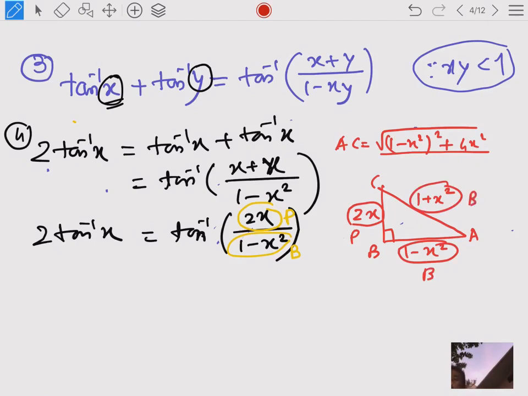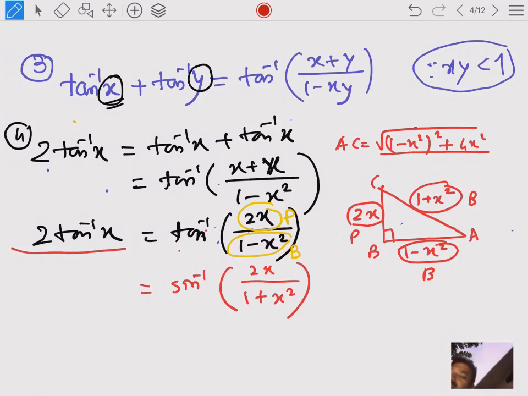So this tan inverse can be converted into sin inverse also. Then in sin inverse, its formula will be 2x upon 1 plus x square. So 2 tan inverse x is tan inverse 2x upon 1 minus x square, and similarly it can be written as sin inverse 2x upon 1 plus x square also.